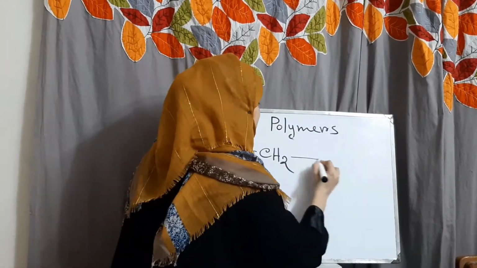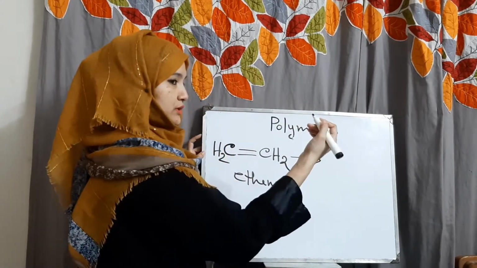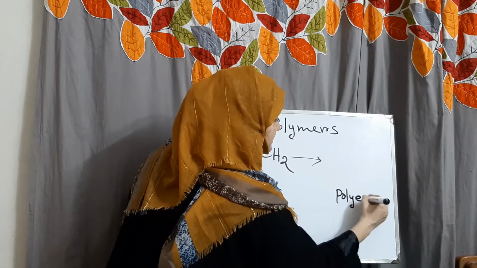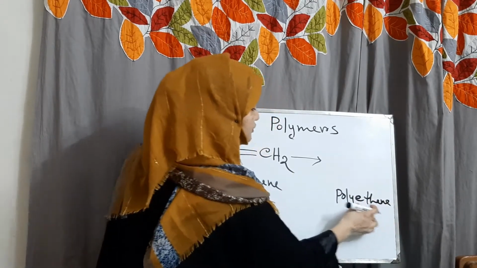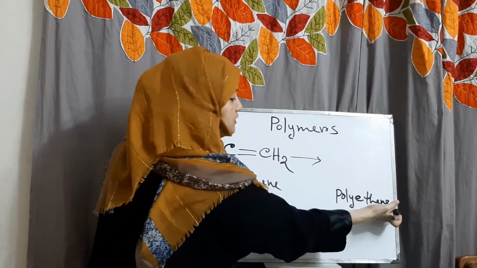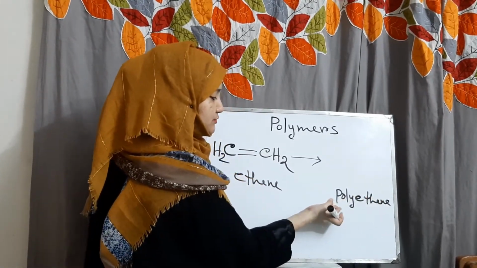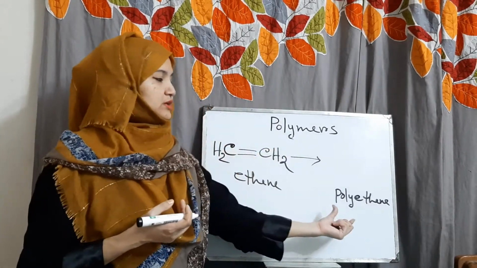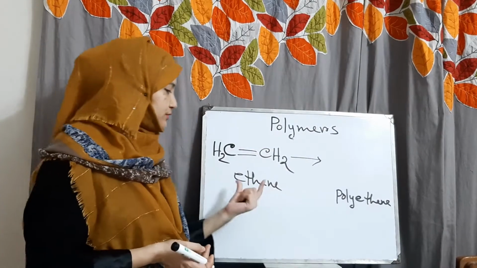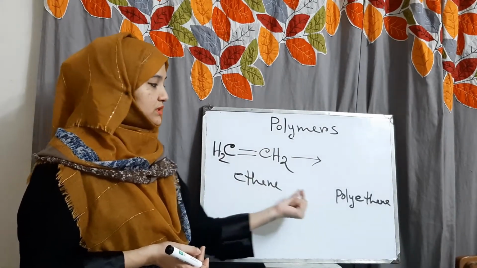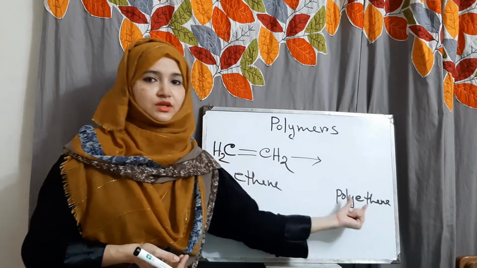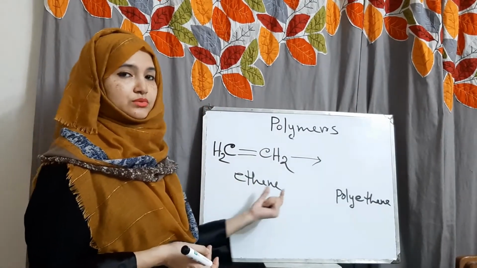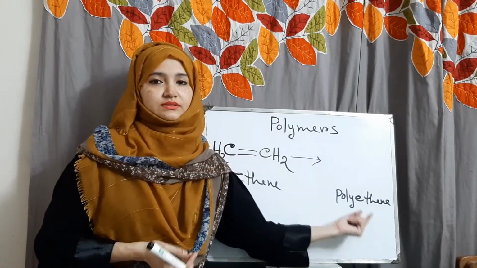After polymerization it produces a polymer, and the name of this polymer is polythene. That means before the name of the monomer we have to add poly, and we get the name of the polymer. If we take propene, then we get polypropene. If we take vinyl chloride, then we get polyvinyl chloride, like that.